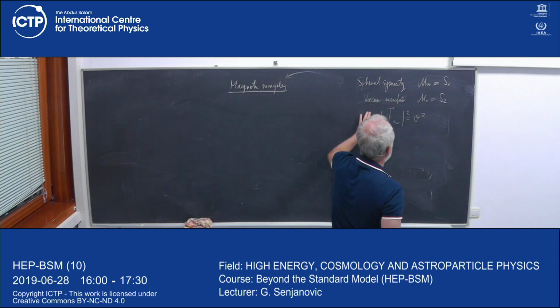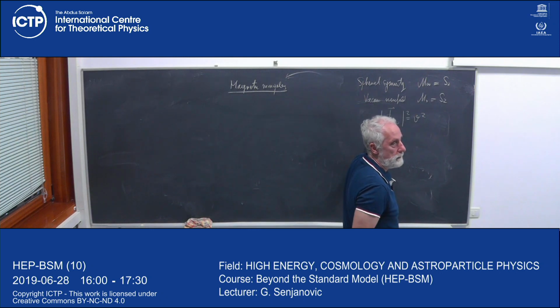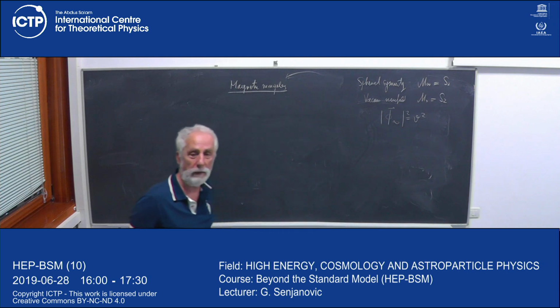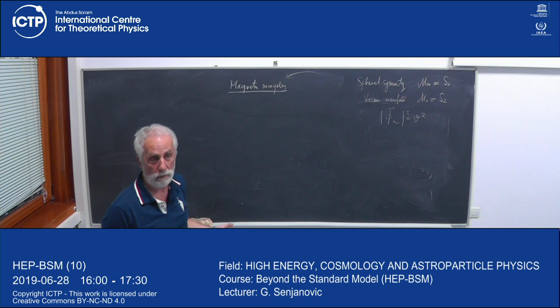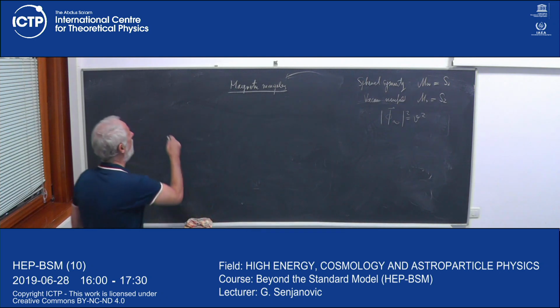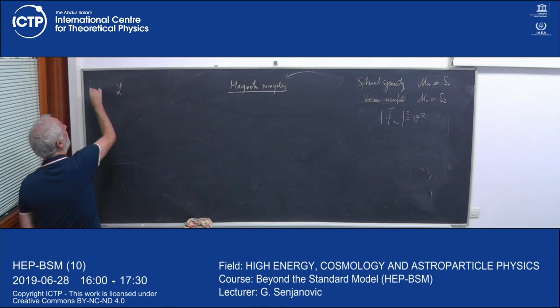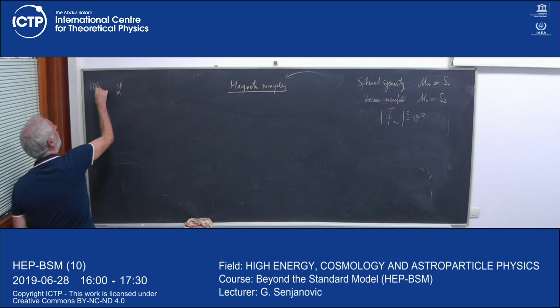This tells me that I must take SO3. SO3 means that when I say SO3, not SO2, that means really a vector of SO3. In other words, SO3 gauge theory.